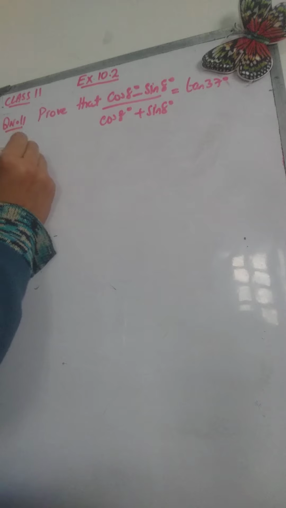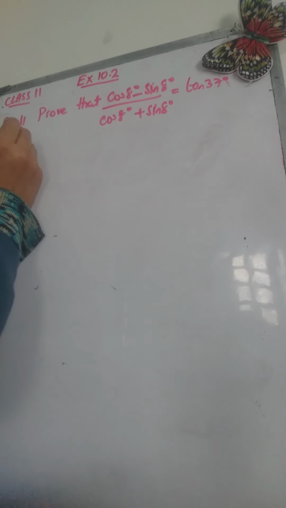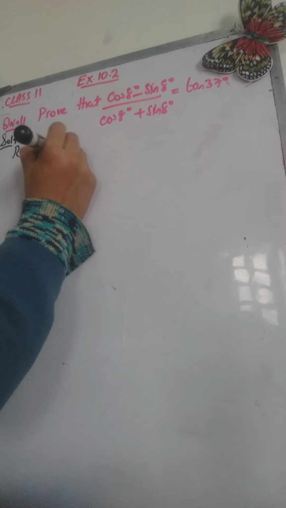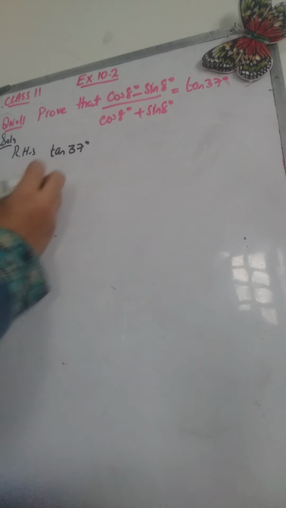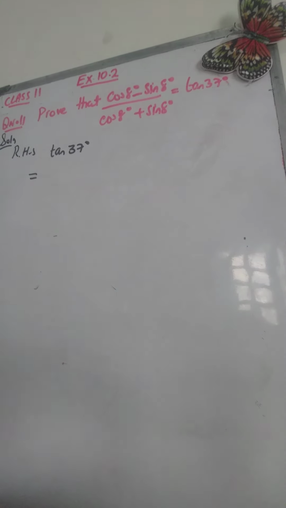So what am I going to do? I'm going to pick the right hand side, which gives us tangent 37 degrees.